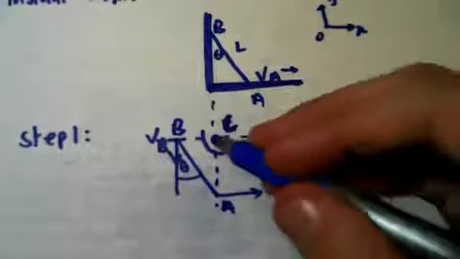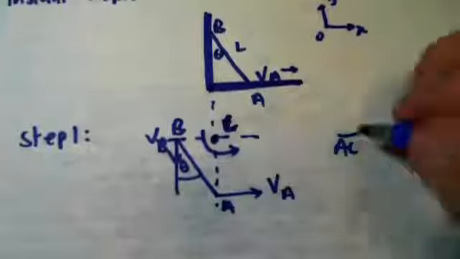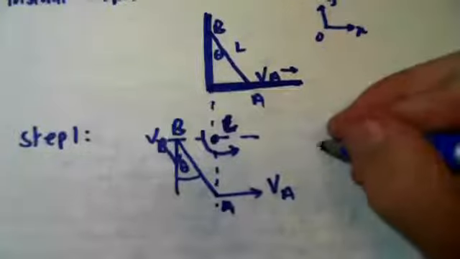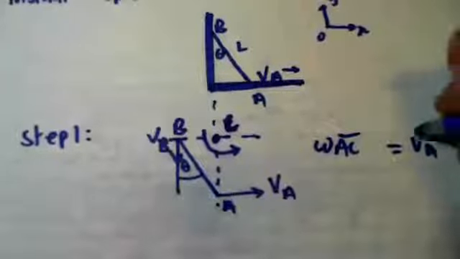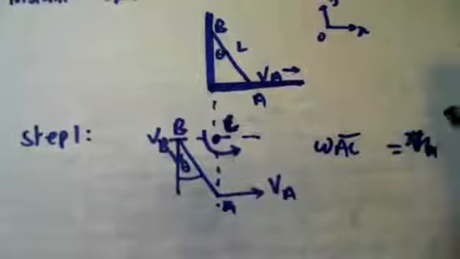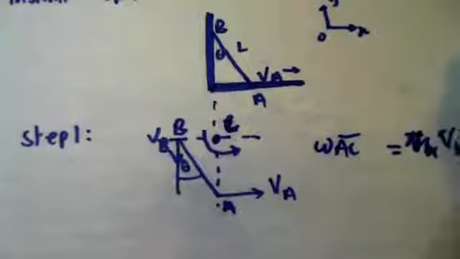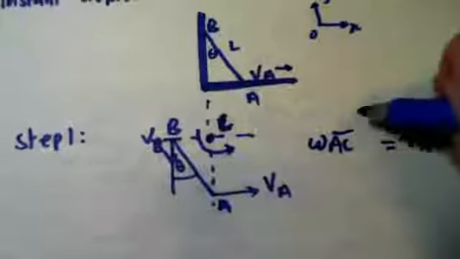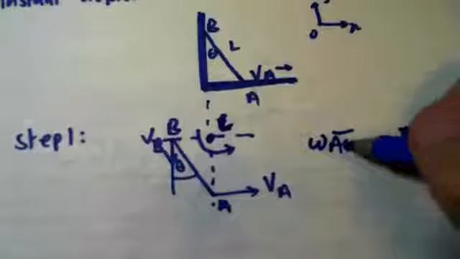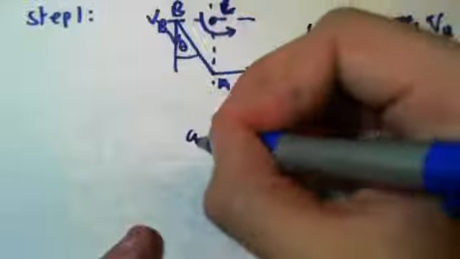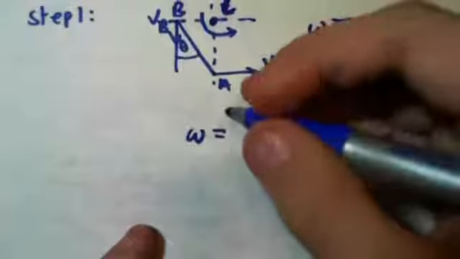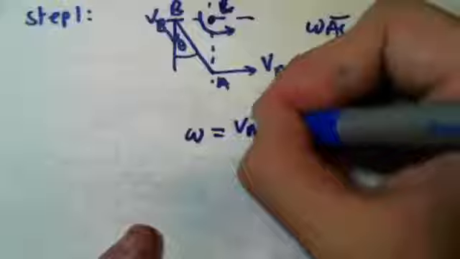Just using scalar quantities here, the velocity of A is equal to the angular velocity multiplied by the displacement. So we can find our omega, the angular velocity, in terms of velocity and displacement.